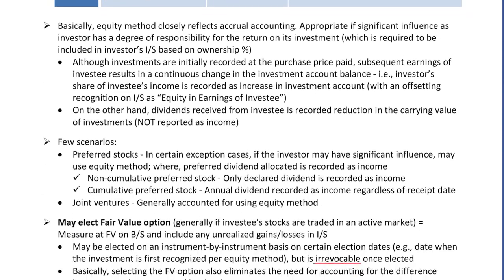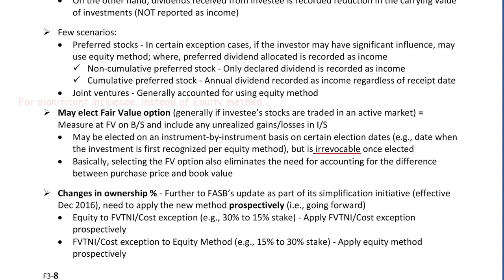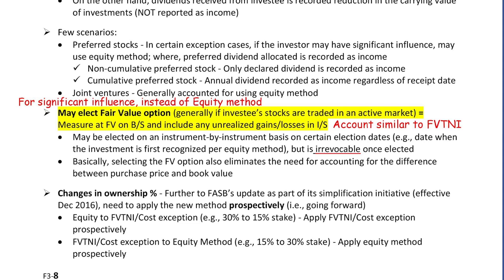Scroll down on this page, and on the third major bullet, for significant influence, instead of equity method, and highlight may elect fair value option.